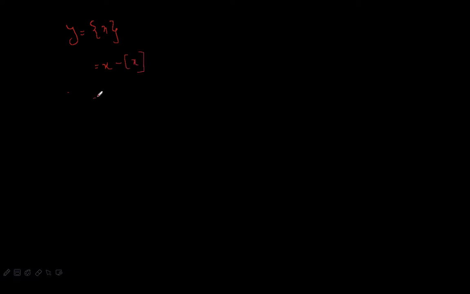Suppose for x equal to 2.33, 2.33 minus step of 2.33, which is 2, gives 0.33. Fraction part will cut the integer part and use only the decimal part. That's why it is called the fraction part of x.